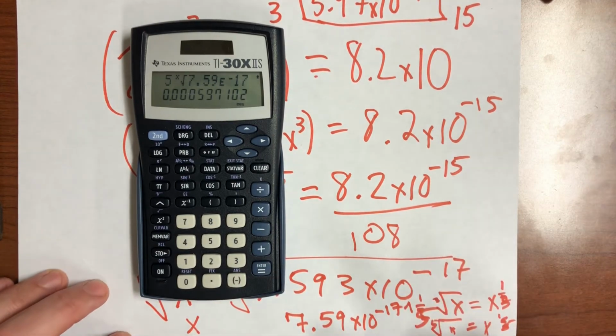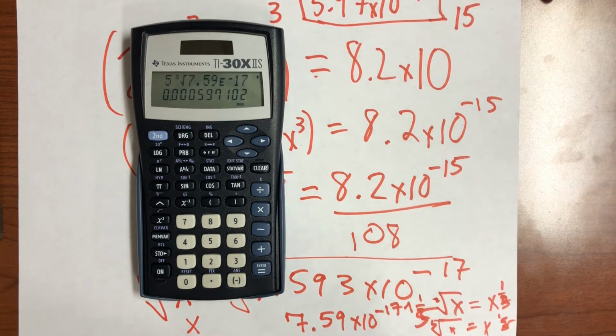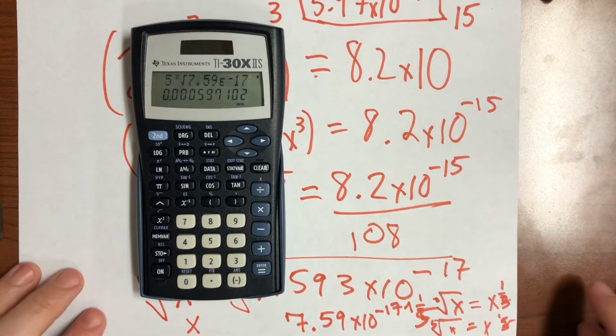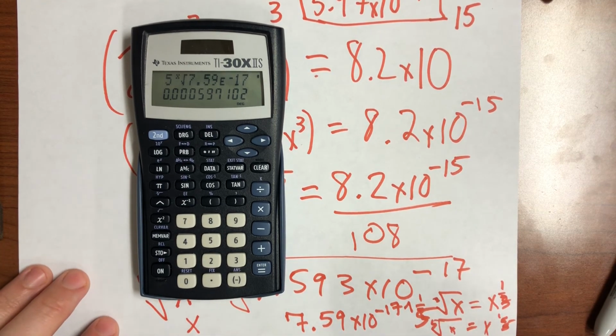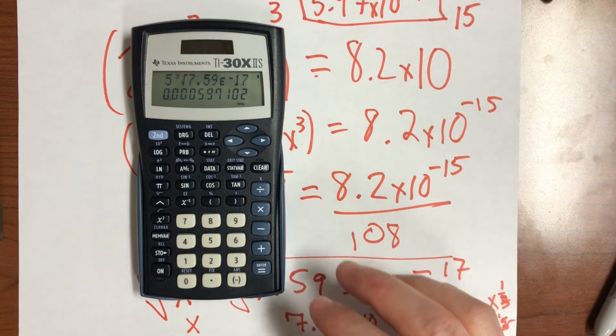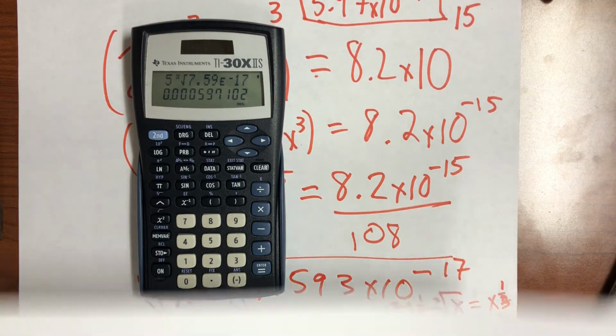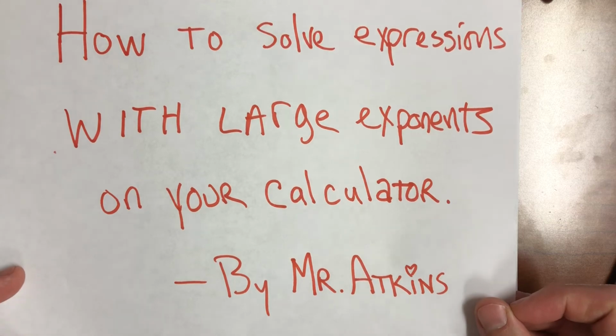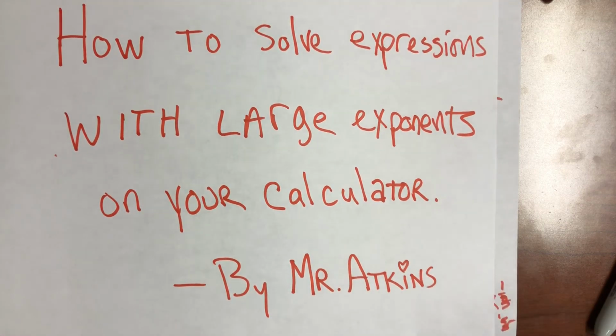And there it is. We get the same answer again. So this is how you do it for the 5th. For a 3rd or a half or a 7th, you would just do the same thing, substituting those numbers for where I used a 5 here. So that's how you solve expressions with large exponents on your calculator, by Mr. Atkins.